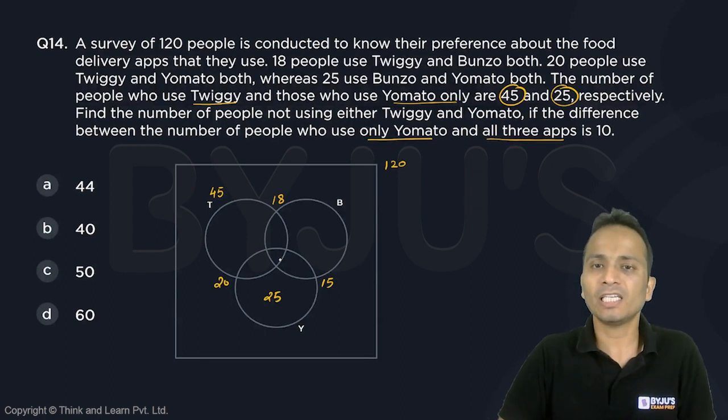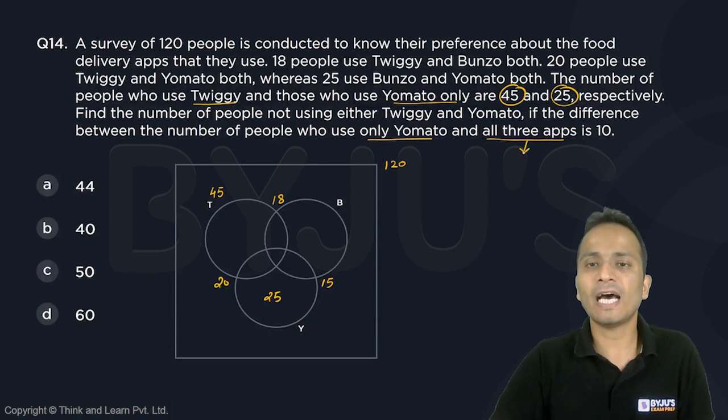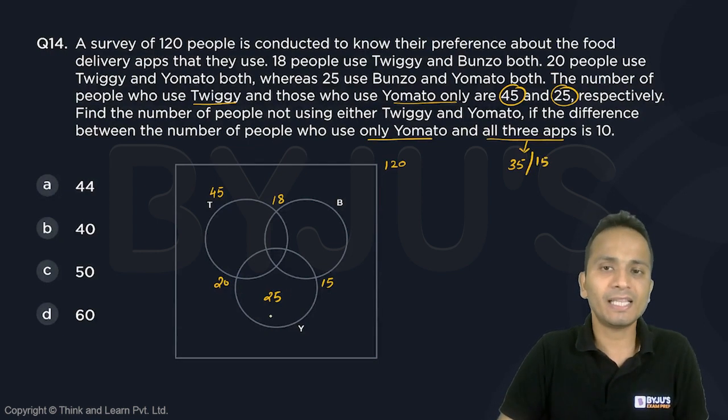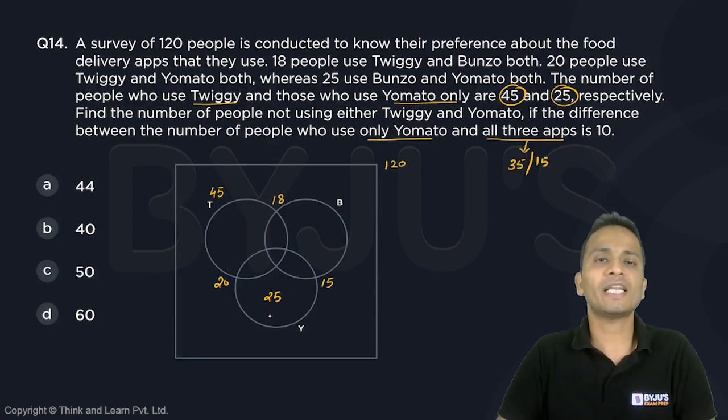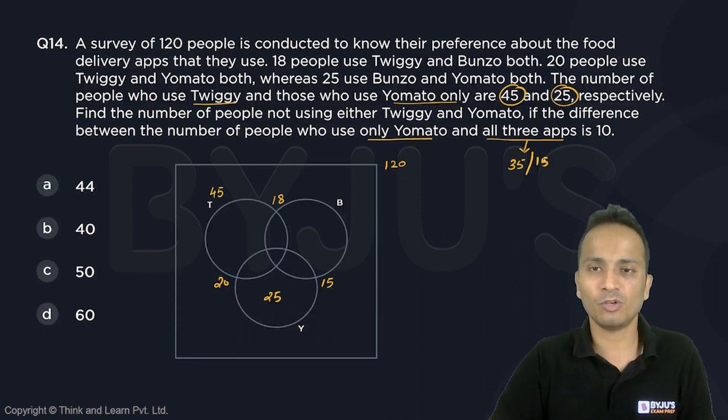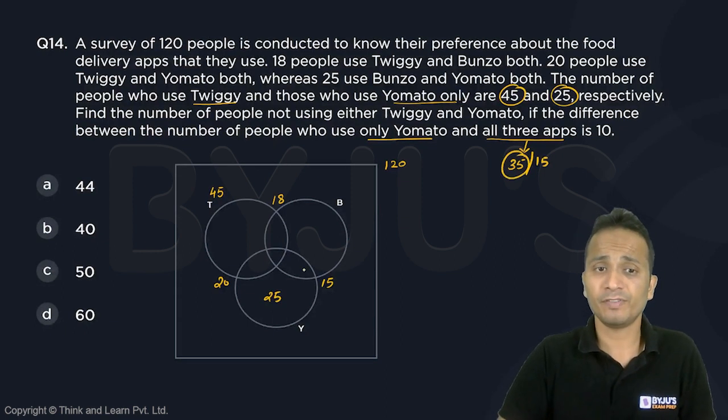So I can say that the value of all three can either be 35 or it can be 15. It can be 10 less than only Yamato or it can be 10 more than only Yamato. Now, can the value of all the three be 35? No, it cannot be because it has to be less than 15, 18, and 20, right?